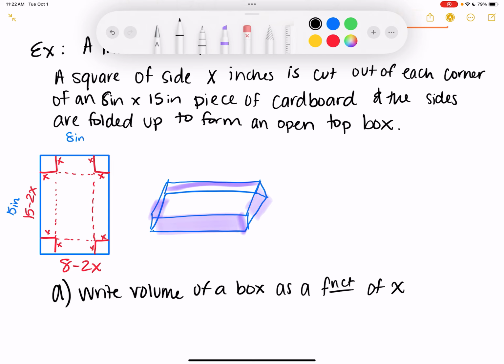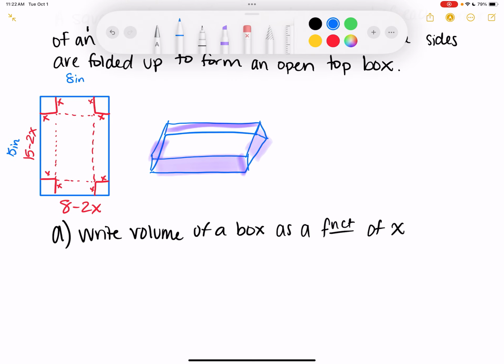Volume of a box is length times width times height. So my length is 15 minus 2x. My width is 8 minus 2x. What's the height of the box? x, because that's the part that gets cut out.